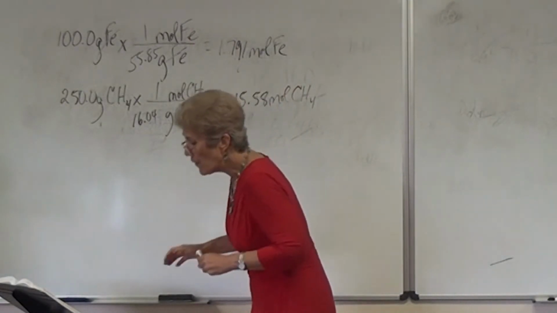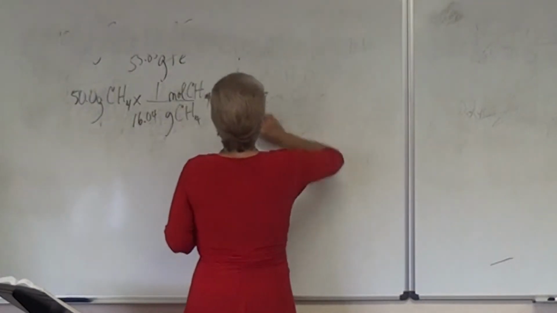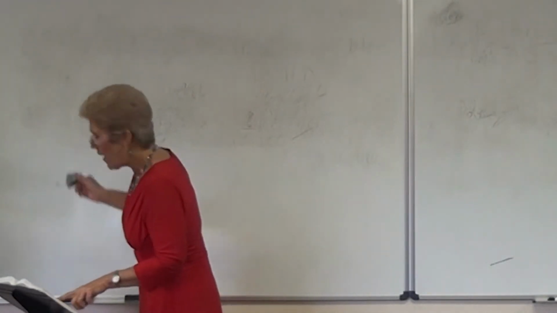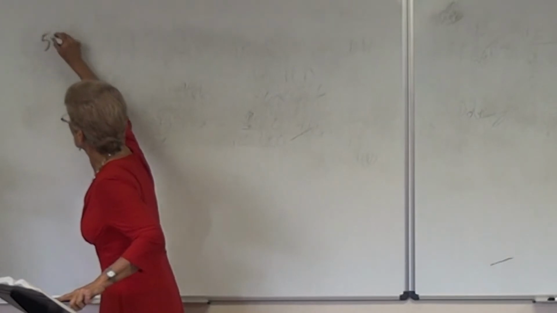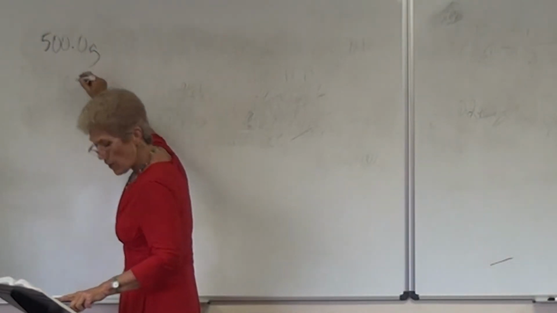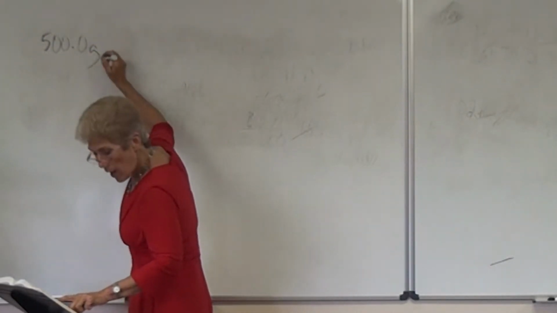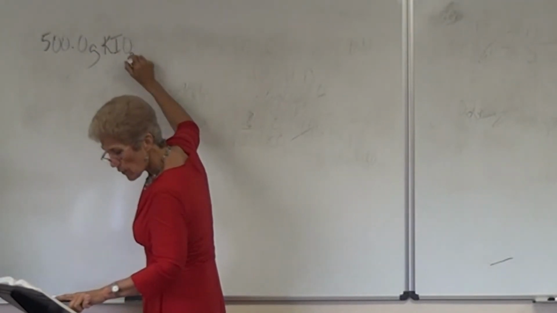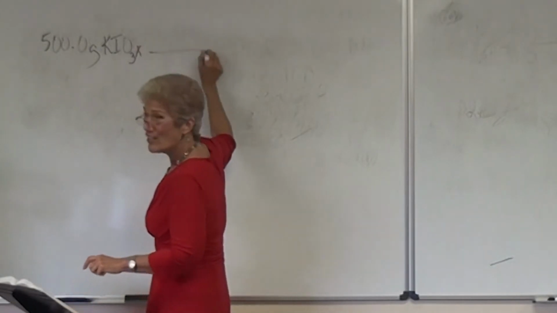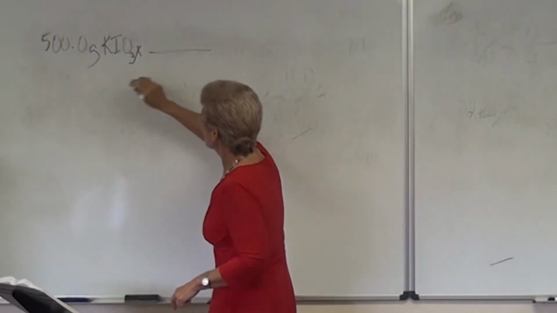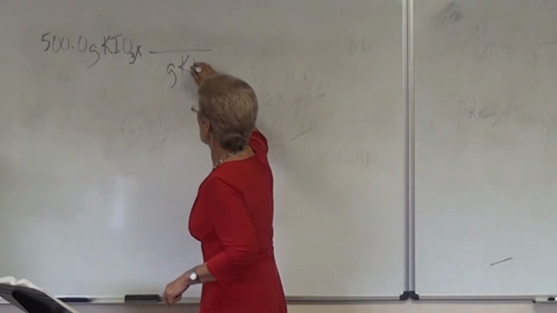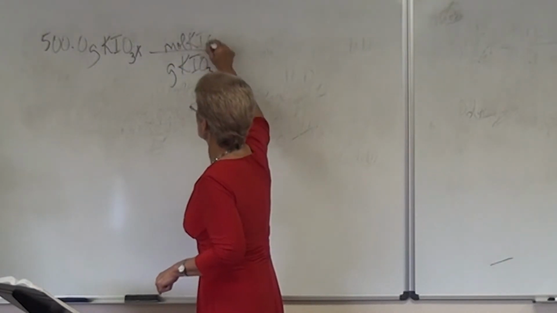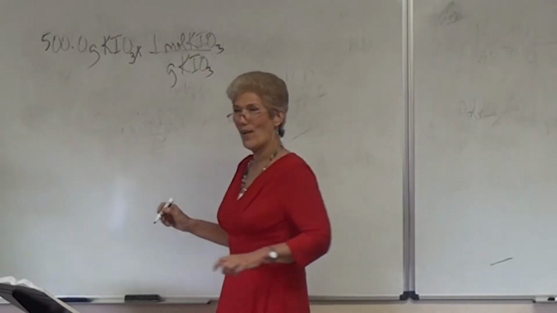Okay? And then the last one it gives us is 500 grams of potassium iodate. Oh, that's a fun word. They sound like they're dying down there, don't they? Okay, grams of potassium iodate, moles of potassium iodate. 1 mole, it does.